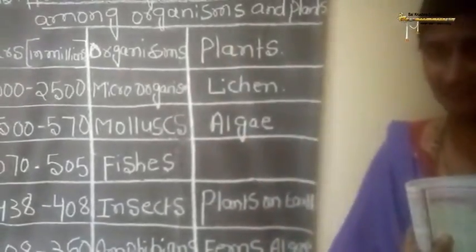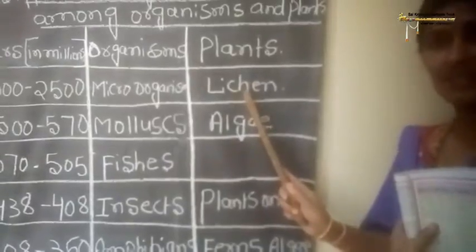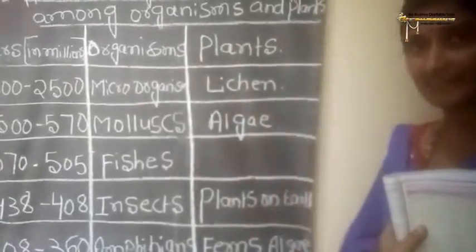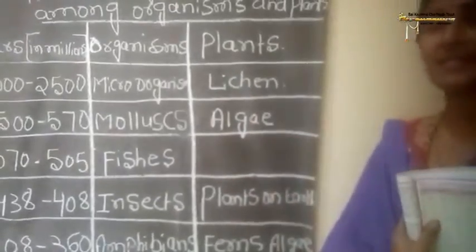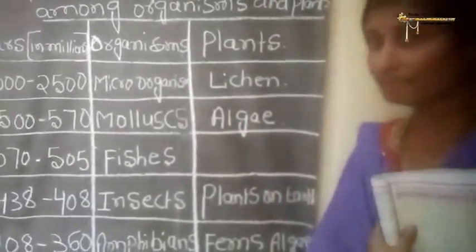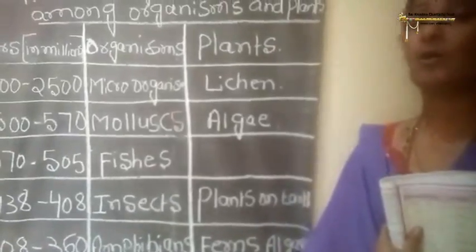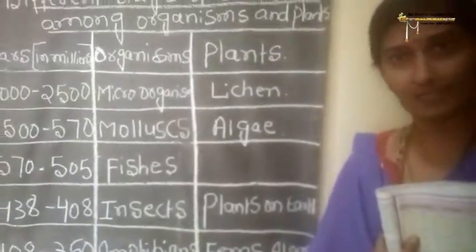Coming to plants, lichen came into existence. What is a lichen? Lichen is a very small plant, grey or yellow in color.